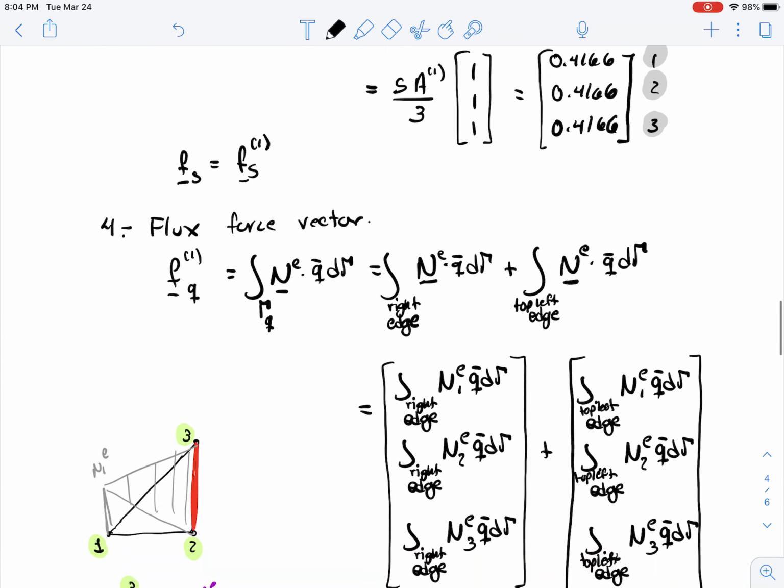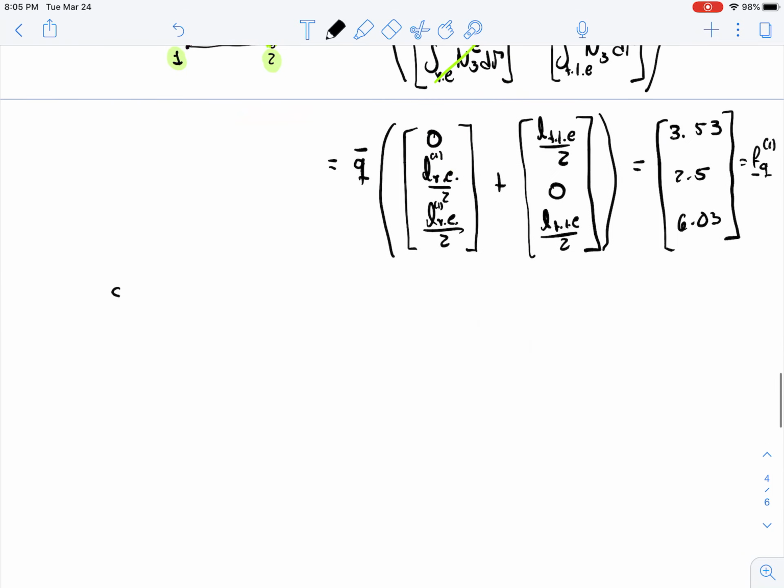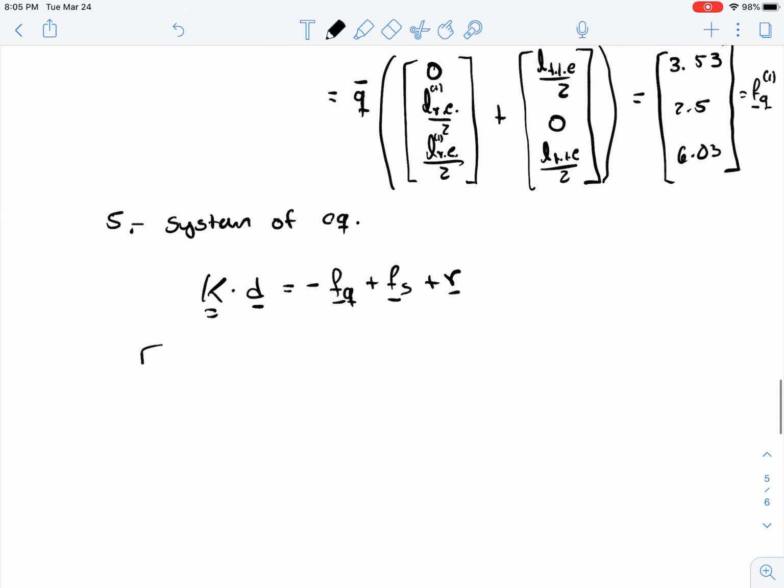Alright, so I have my source term, my flux term, my stiffness matrix. I can put together my system of equations. So that's K matrix times the degrees of freedom equals minus the FQ term plus Fs plus the reactions.